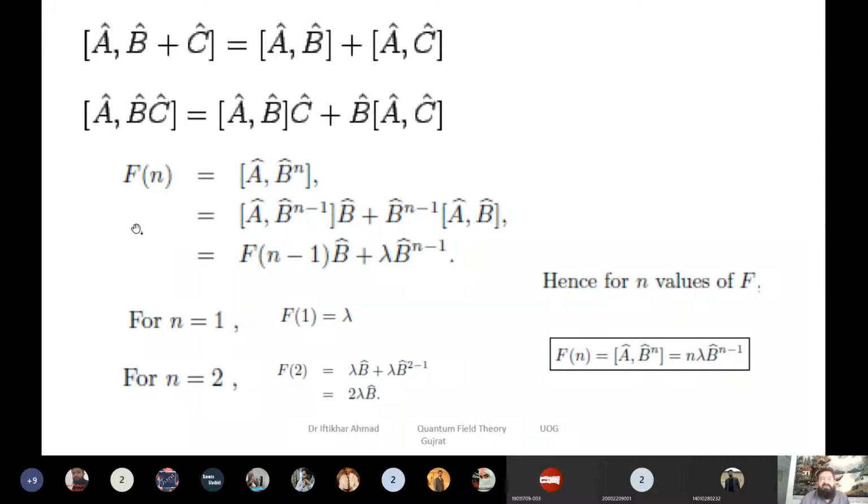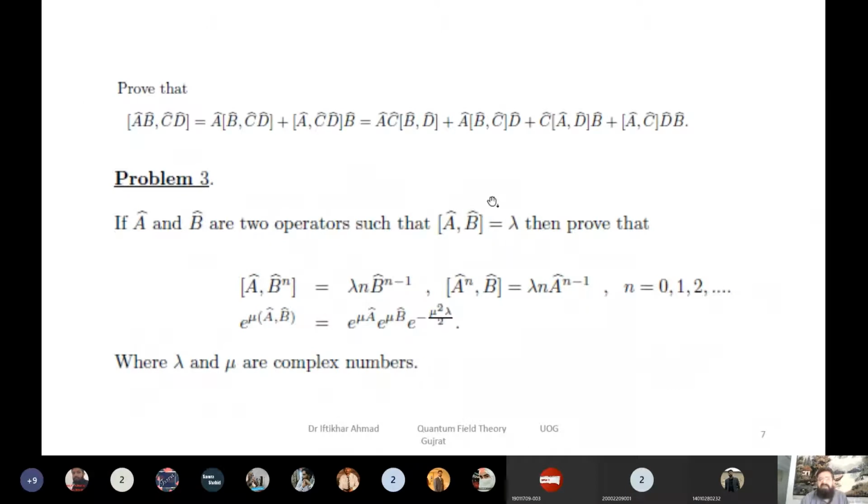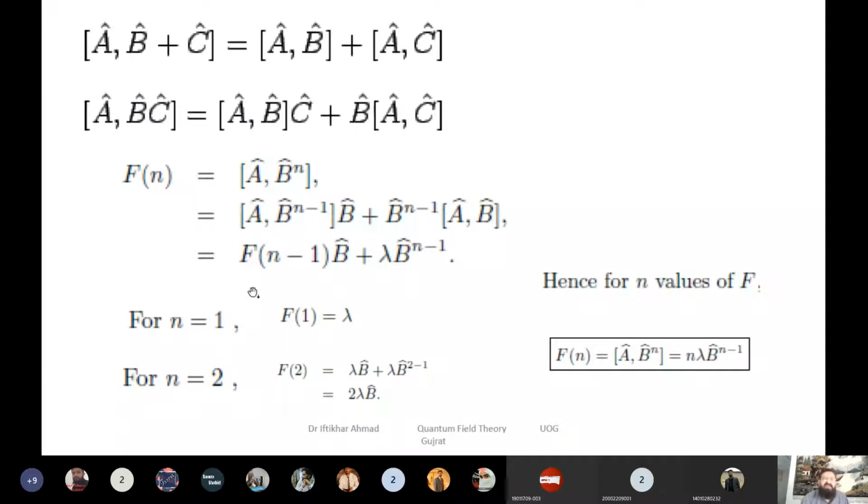So first of all we let f of n equal to this, because [A, B] is given as lambda, and we are going to prove this relation. And the next one we are going to prove this relation, and the next one this relation. So here we are going to prove the first relation. First of all we put the operator [A, B^n] equal to some expression f of n.